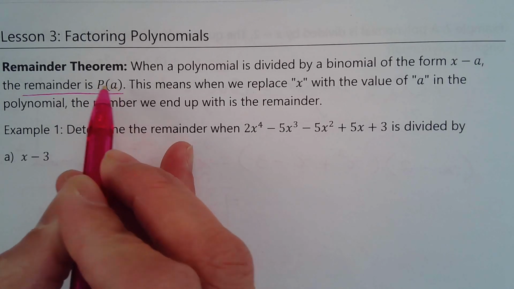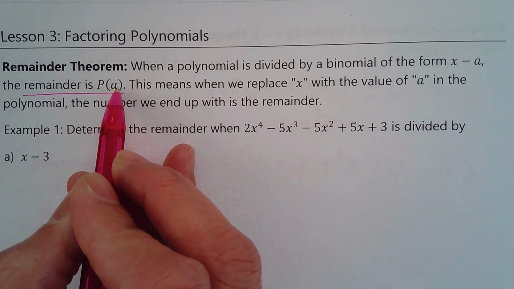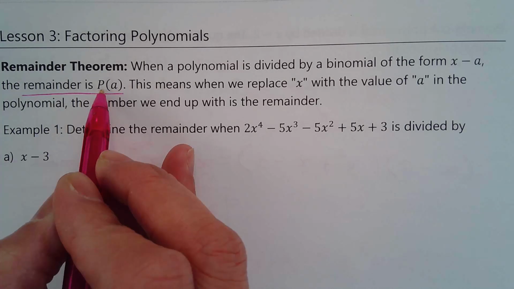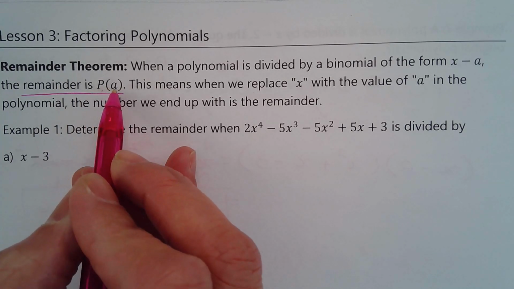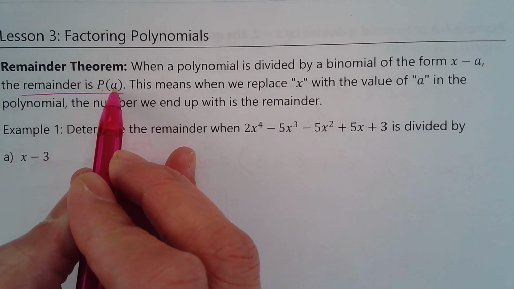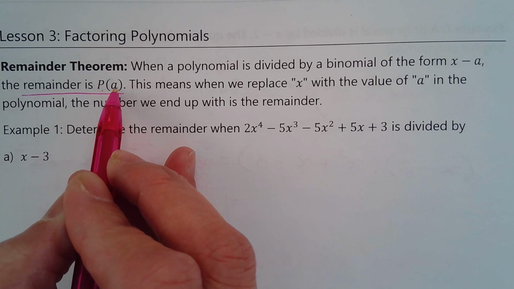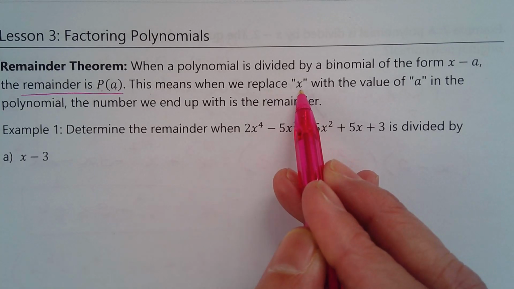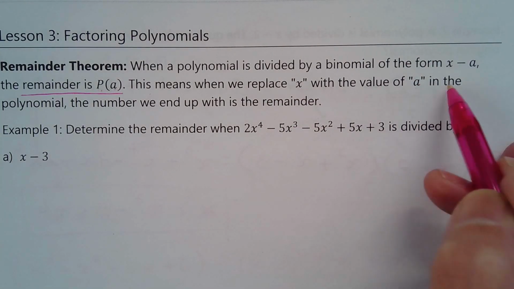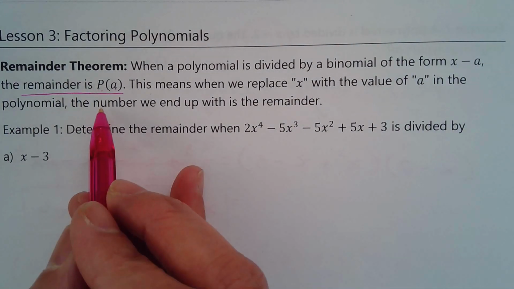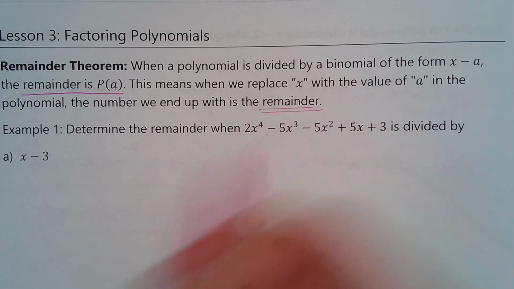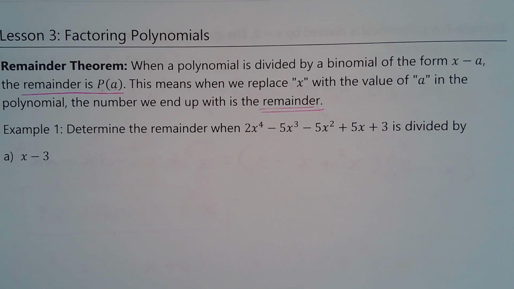So what does that mean, p of a? It means that whatever your polynomial is, we replace the x value with the a value, and the number we end up with is the remainder.